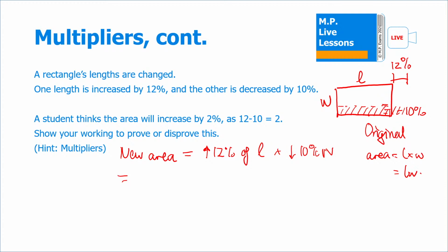So if we use our multipliers, for example, a percentage increase of 12%, that'll be 1 plus 12 over 100, that'll be 1 plus 0.12. This gets us 1.12. So we get 1.12 times L, and this is multiplied by a 10% decrease to W, so that'll be 1 plus negative 10 over 100.